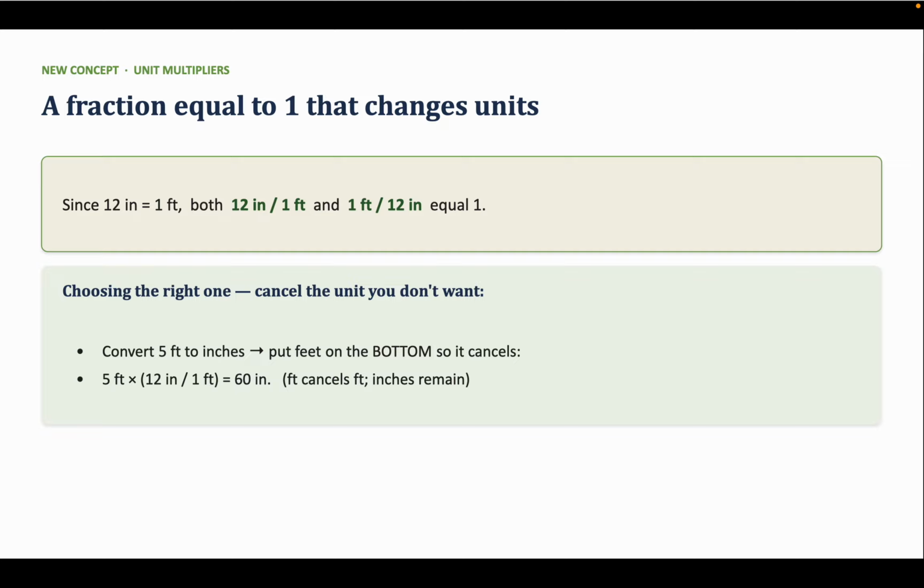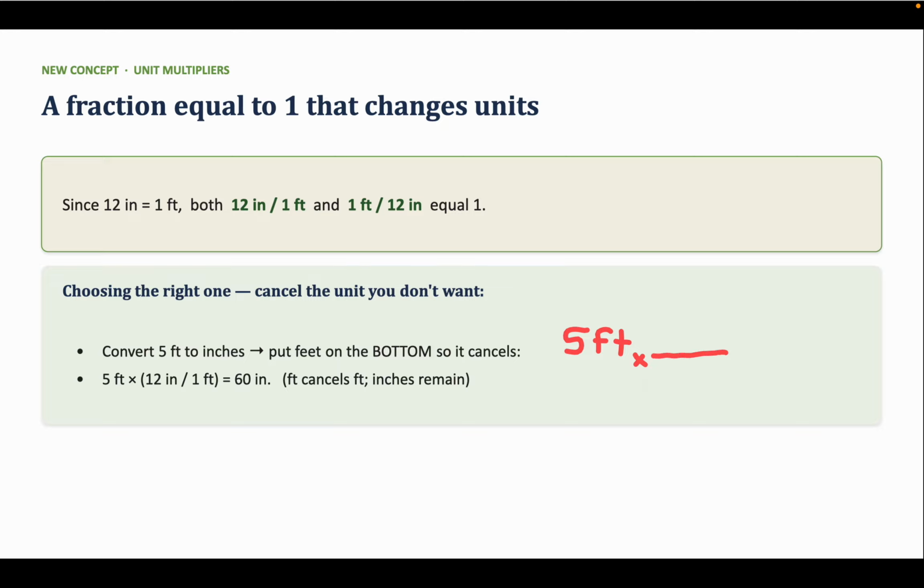To convert 5 feet to inches, we multiply by the unit multiplier that cancels feet. We want feet on the bottom to cancel the feet we start with. So I'm going to write this a little bit differently so we can see it better. 5 feet is what we're starting with, and we're converting it to inches.